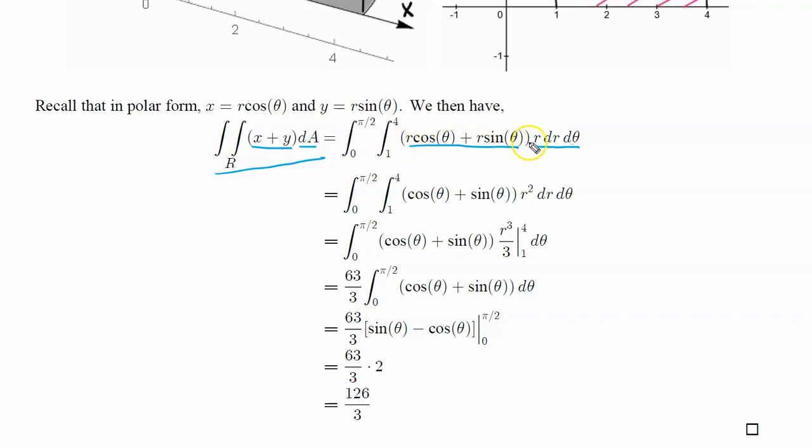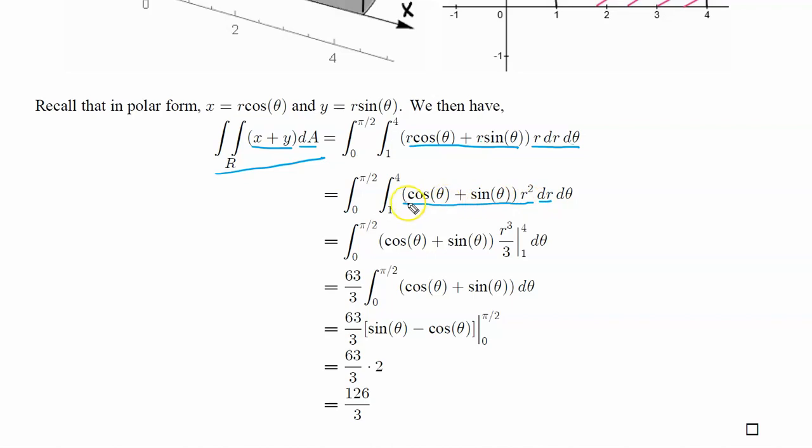All right, so now evaluating this isn't too bad. Let's just factor the r away from these two terms, and so this r right here becomes an r squared. Now we want to integrate this with respect to r. So we treat these thetas like constants, so what's inside the parentheses here is just a constant.